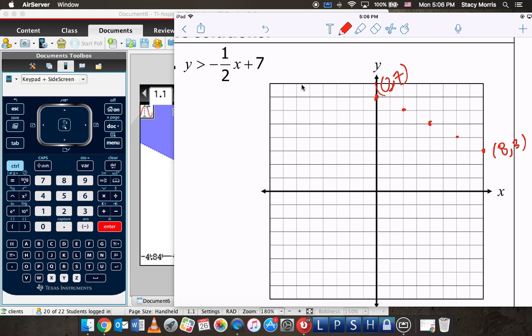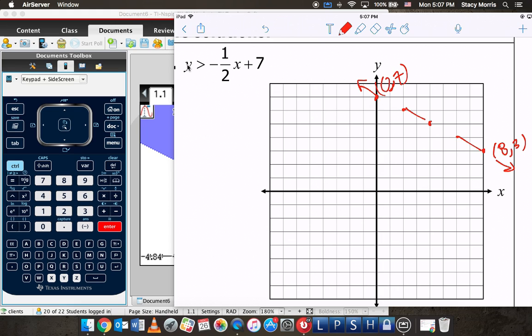All right, and then we are drawing a dashed line. It's dashed because this does not have an equal to. So I'm going to draw a dashed line here. So that means the points on the line, so 0, 7, 2, 6, 4, 5, all of these points on this line are not a solution.